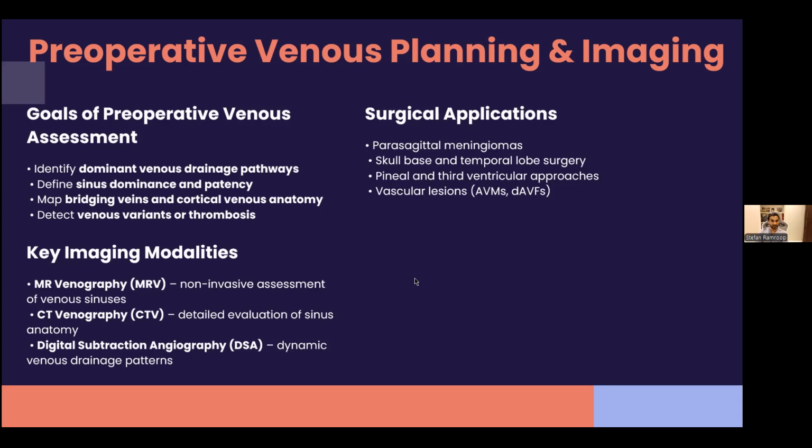You also have DSA, as said before, which will remain your most detailed method for evaluating dynamic venous drainage pathways, particularly in vascular lesions. This is all very important in terms of preoperative planning for surgical resections in specific cases, such as parasagittal meningioma, as I said before, or temporal and skull base approaches.